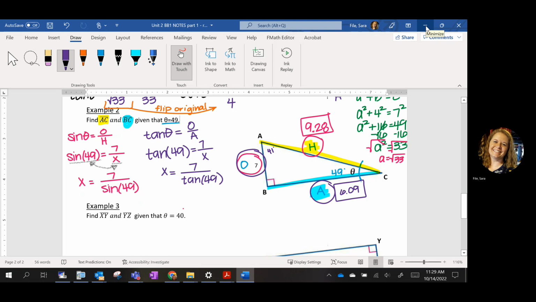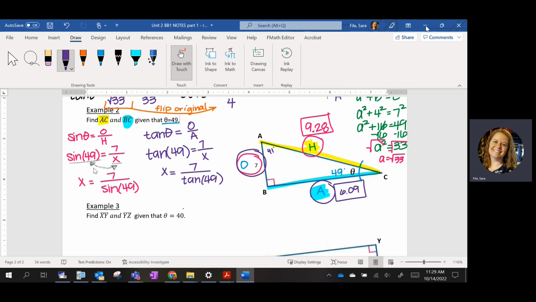Those make sense. Now, I always have people say, why did I have to do trig here to find the third side? When I know 2 sides, why couldn't I just do Pythagorean theorem to find the third? And technically you could have. However, remember we talked about in the previous unit, when there's more than one way to solve something, I would always use the way that uses the given information from the problem rather than information that we calculated.